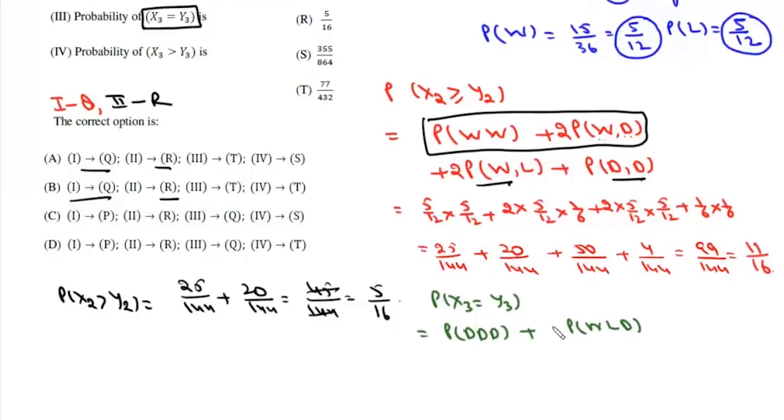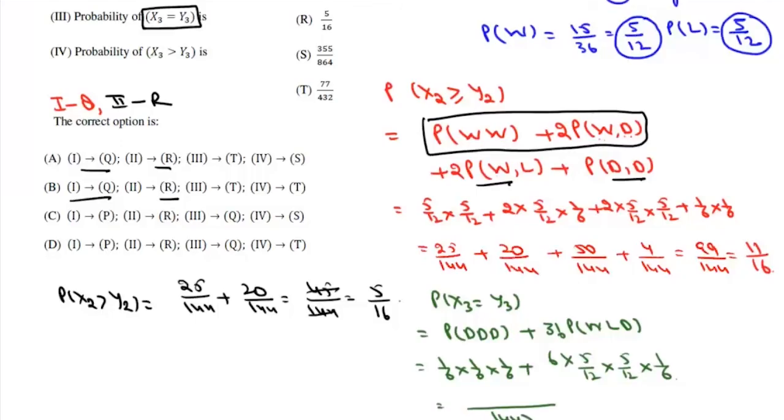And we can arrange these 3 in factorial 3 ways. Now this is 1 by 6 into 1 by 6 into 1 by 6, and this is 6 into, now winning is 5 by 12, losing is 5 by 12, and drawing is 1 by 6.